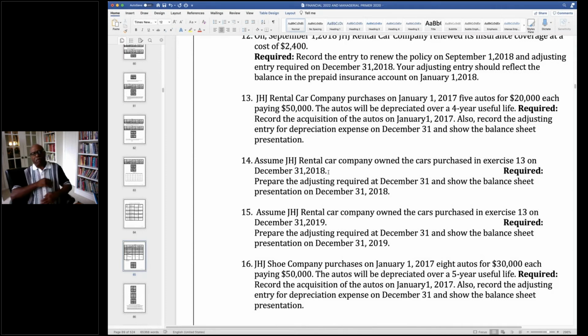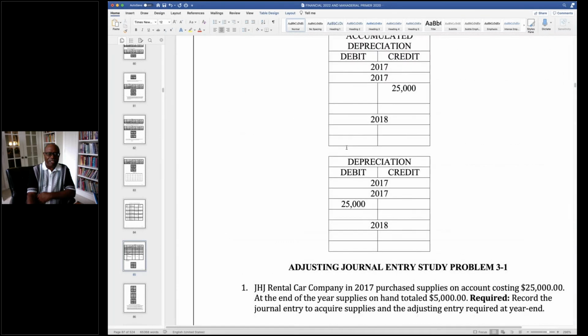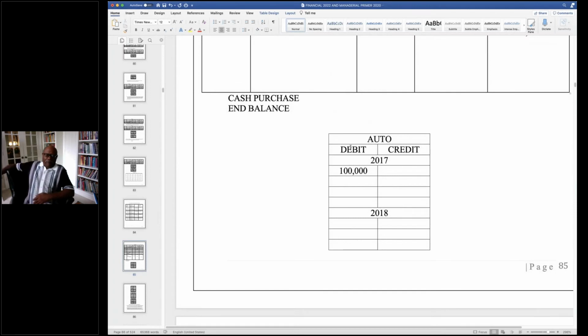So you still got, what you gonna do? So you put the preceding entry, which is the auto for 100,000 debited, and then I put cash for debited.